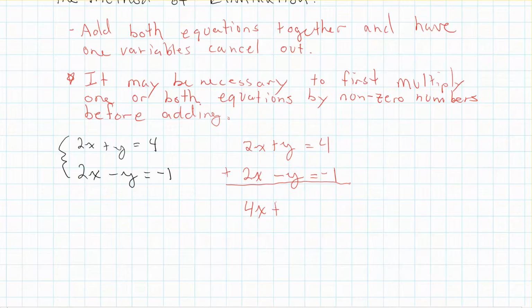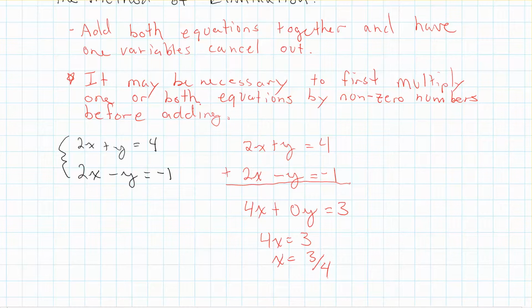And then I'll go ahead and write it this time: y plus negative y, which would be 0 times y. Of course, we wouldn't write 0 times y generally; we would just write nothing there. And then I have 4 plus negative 1, which is 3. And so you have 4x is equal to 3, and x is equal to 3 over 4.